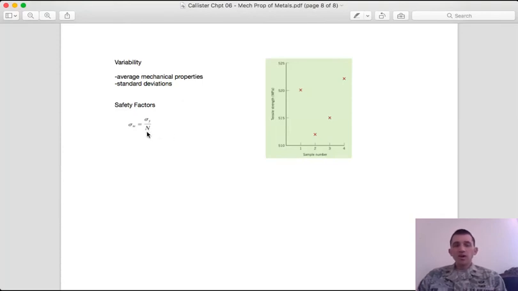Now, you can pick a factor of safety that is more conservative depending upon your application. So if you're building a building, maybe you can pick a factor of safety of 4. If you're building an airplane, it's more weight sensitive, so generally the problem becomes harder. You can't pick a factor of safety that's much above, say, 1.5. And so you are more on the edge from a safety perspective.